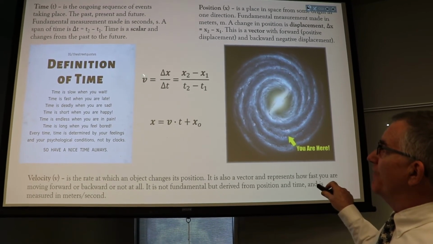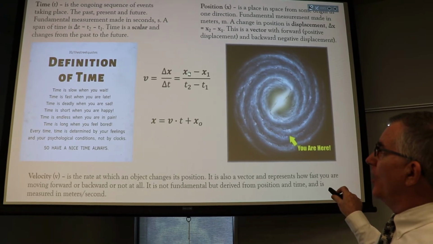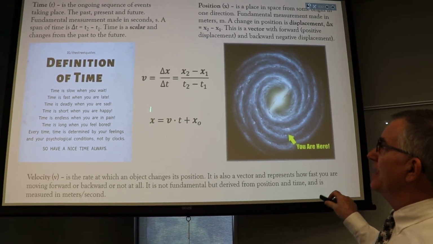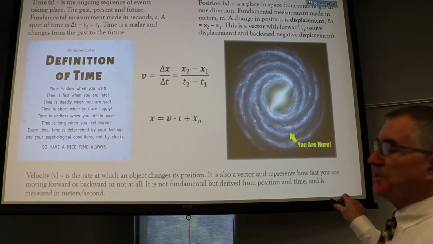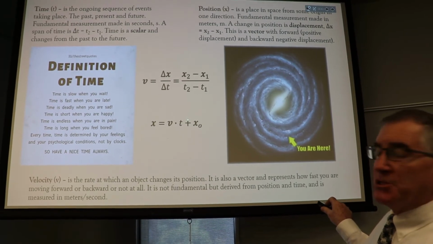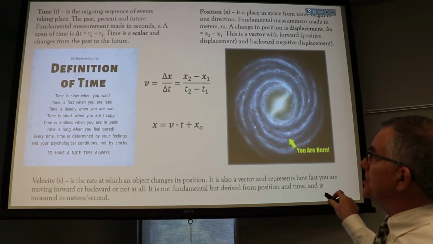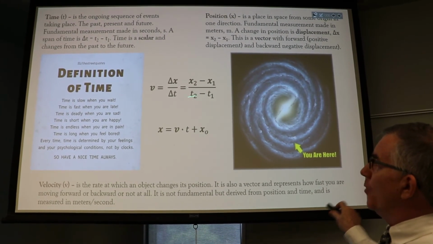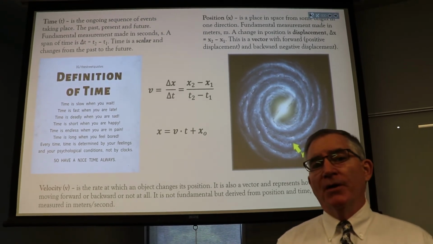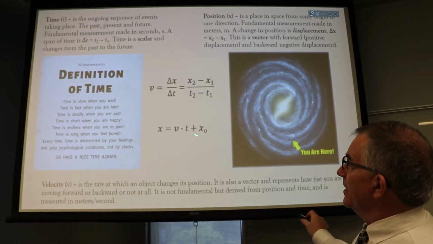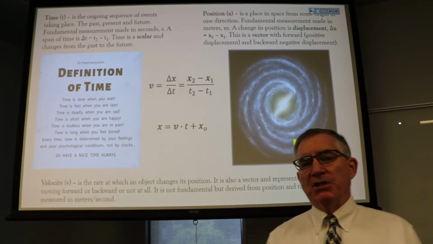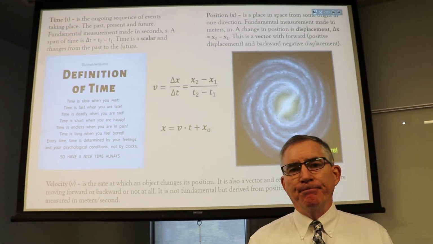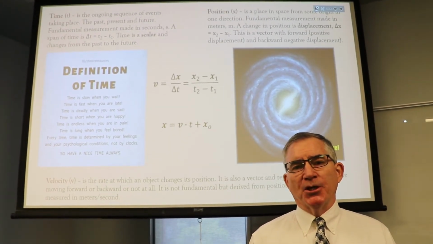Now, if you solve this equation right here, and you call x2 x, and you call x1 x naught for the starting position, and down in the bottom you call t2 t, and you call t1 0 for t equals 0, then if you solve this thing, you get the equation that you're going to be using in the lab today. Okay? That's the constant motion equation.